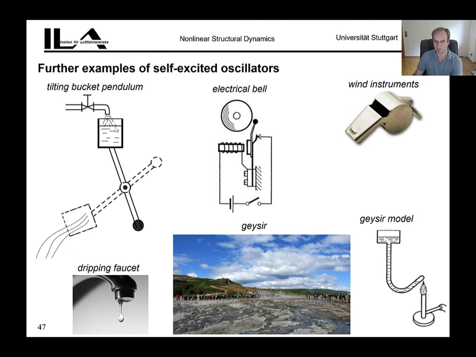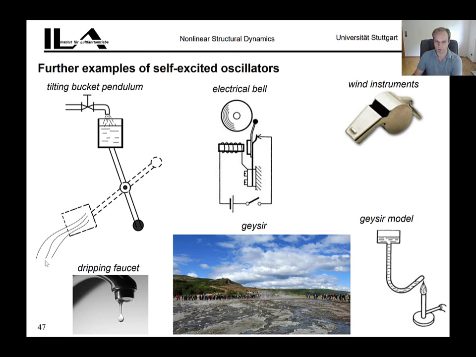If the water becomes too heavy, in fact, if mass times the lever up to this point here is larger than the mass times this here, then this pendulum loses its stability and will tilt.